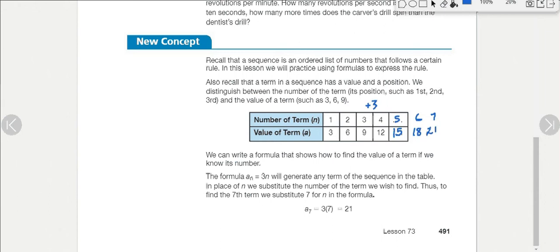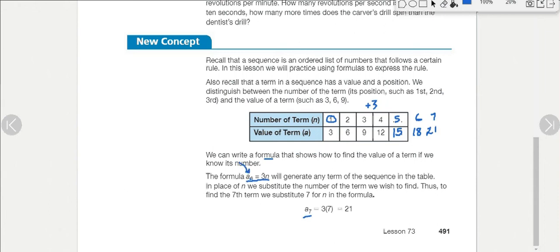We can write a formula, and luckily today they give it to you. The value of a particular place, n, is 3 times its position. Not times the value, but times its position. Okay? I'll show you how we use this. If they wanted to ask, what's the 7th term?